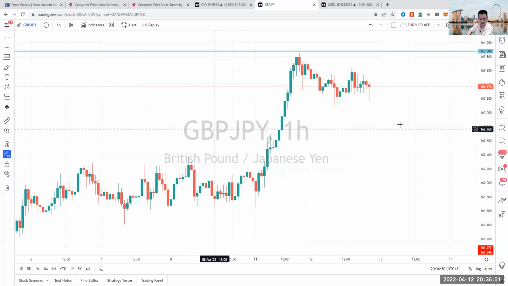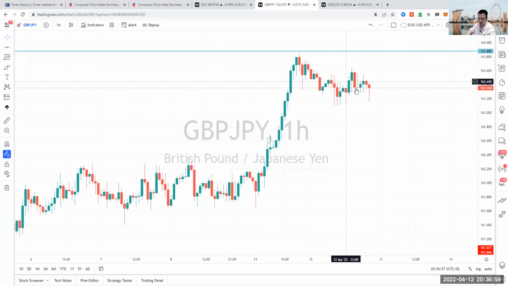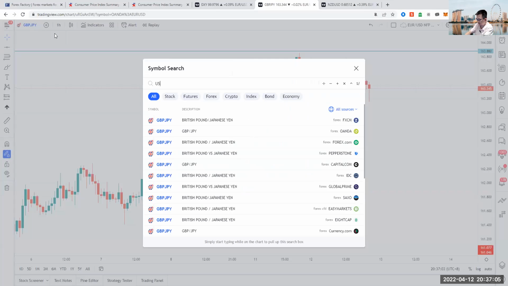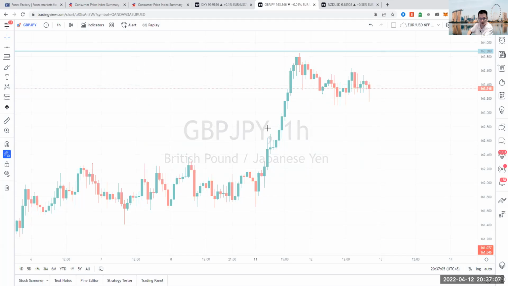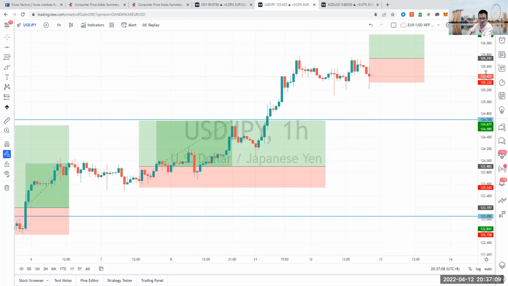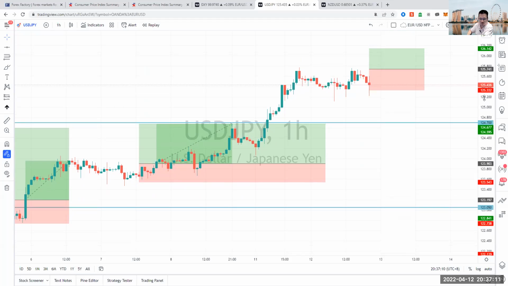Pound yen is still sitting at that point as well. So again, the focus we had on the euro, the Kiwi, the CAD comes back into play, and the US yen as well comes back into focus. Those that we didn't focus on didn't move at all.